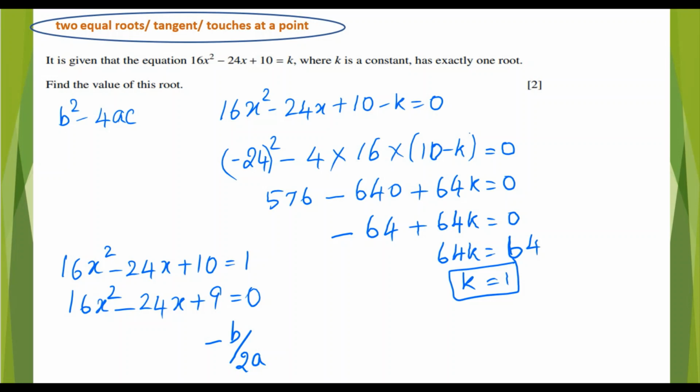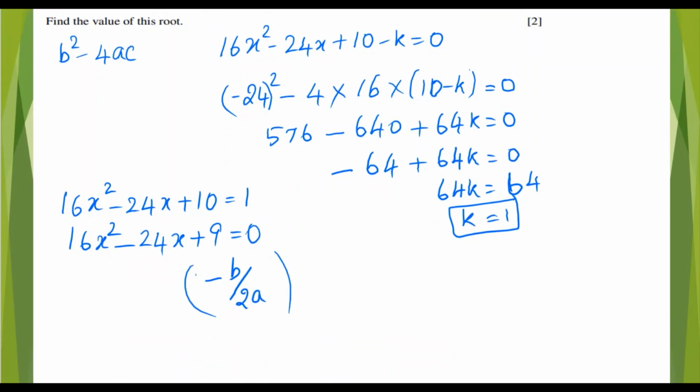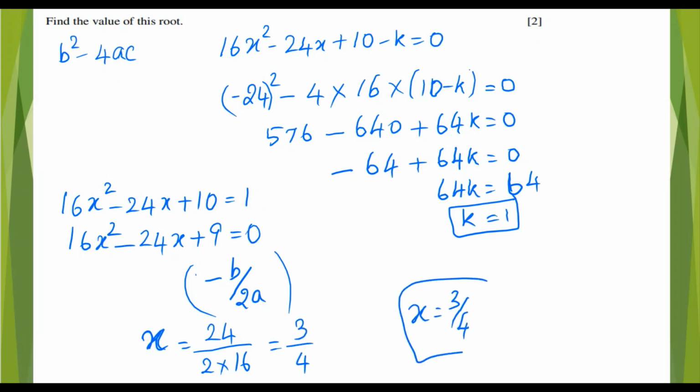It's going to have only one root, and the b squared minus 4ac term is 0. So we are directly going for this. So x equal to 24 divided by 2 multiplied by 16, which is nothing but 3 over 4. So x equal to 3 over 4 is the root.